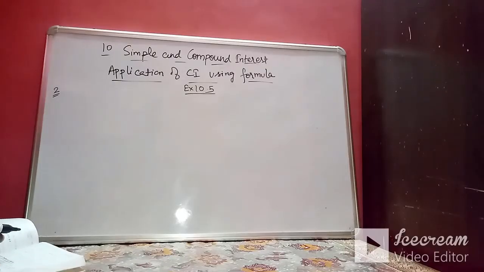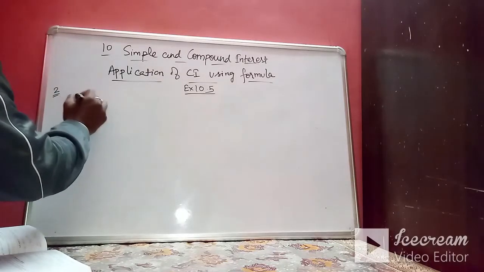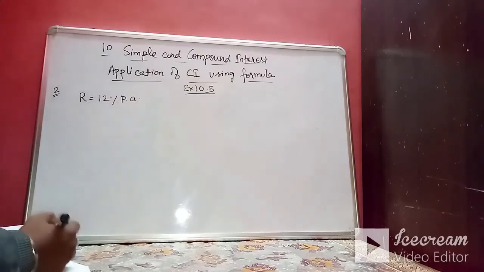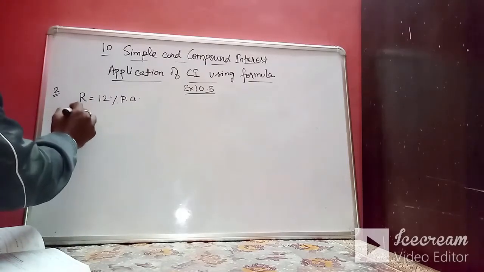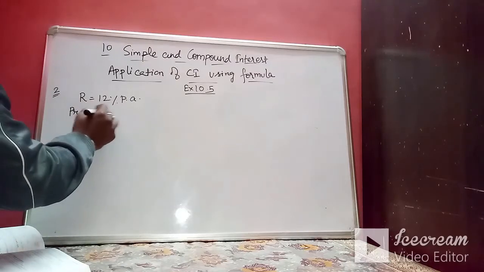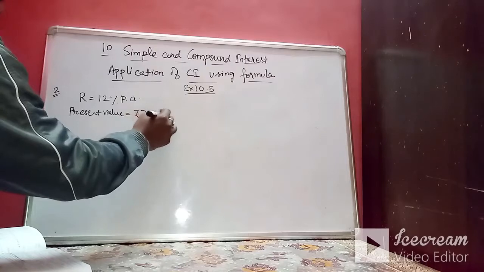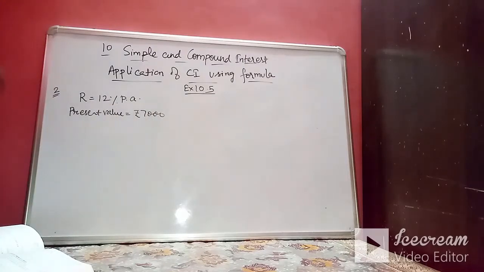The value of a machine depreciates. Depreciates means decrease. So here also the rate is given as 12% per annum. If the present value is rupees 7,000, what will be its value after 2 years?